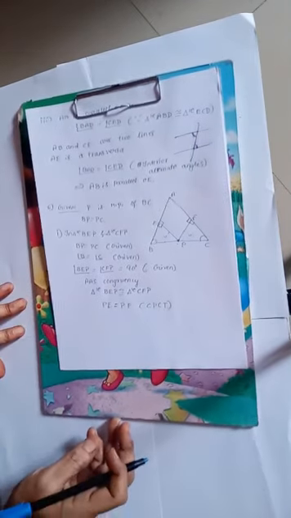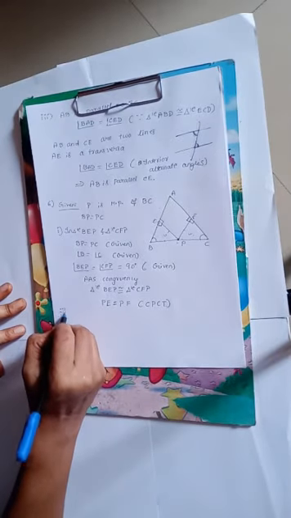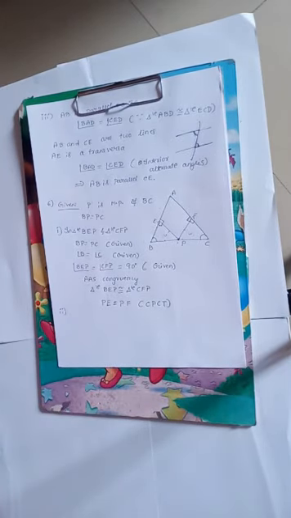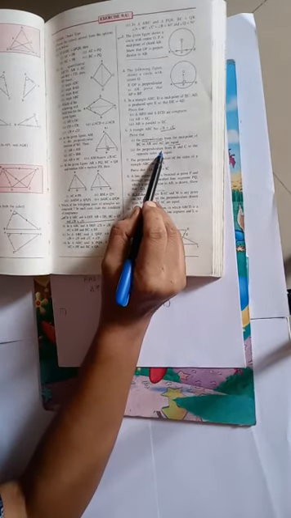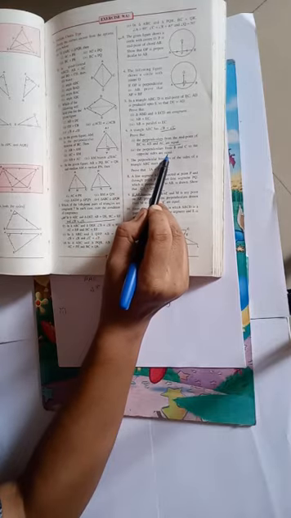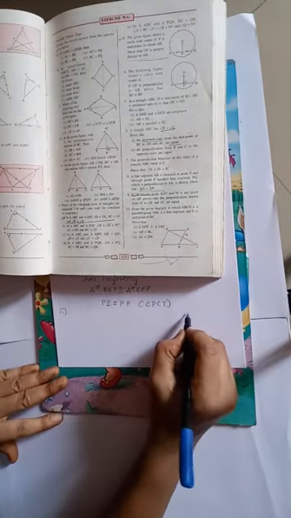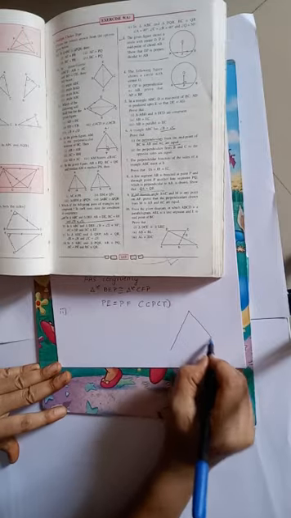Now let's move to the second question. What they asked to prove. See here, second question: the perpendiculars from B and C to the opposite sides are equal. You need to prove this. Again draw the triangle ABC.